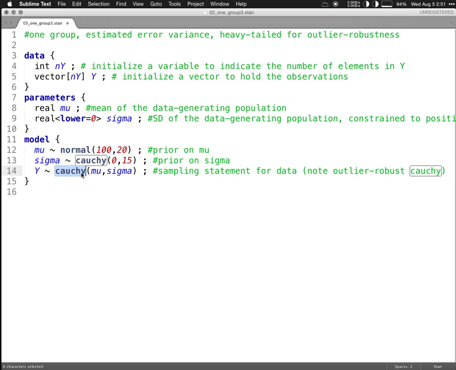The standard way of dealing with outliers is to just use a Cauchy. That makes it more robust when you have an outlier that is very far from the mean of the data, and it allows you to still do inference without that single value being super influential on your data.